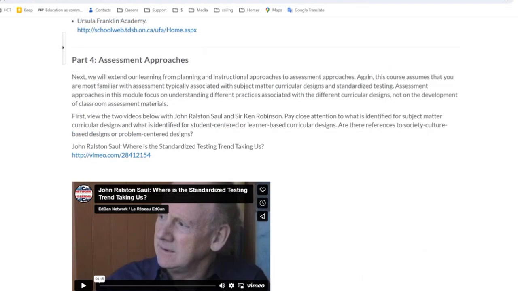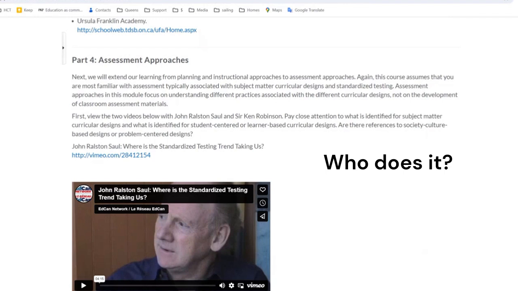And then we get down to these assessment approaches. And when you get to this point, I've just got a couple questions. You really want to focus on, who does the assessment? So if we're talking about a learner-centered approach and exploring your own identity, think very carefully about who then is doing the assessment of the student's abilities, competencies, and so forth.